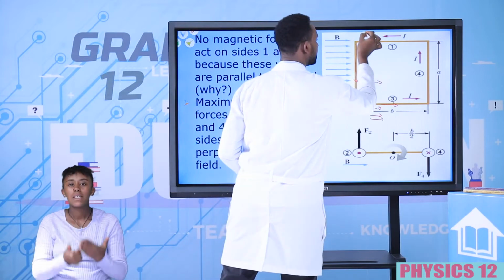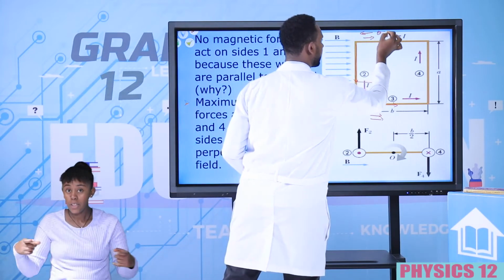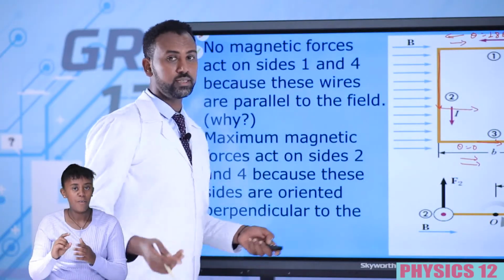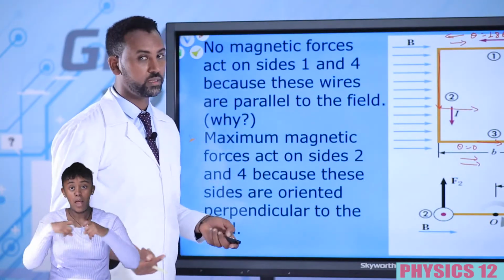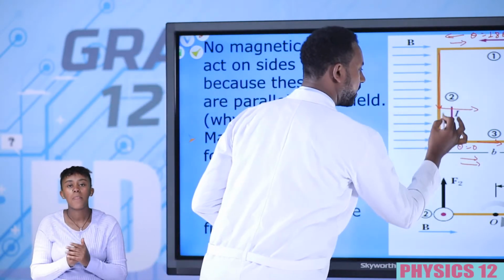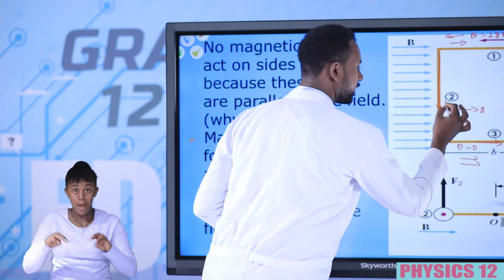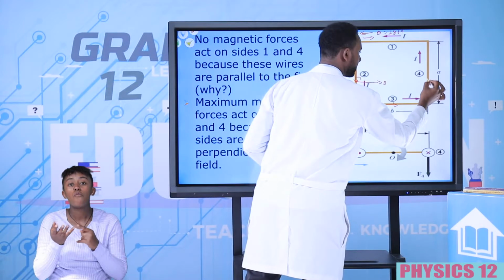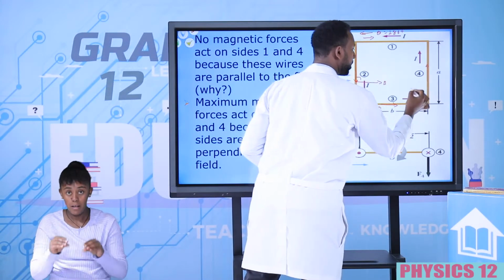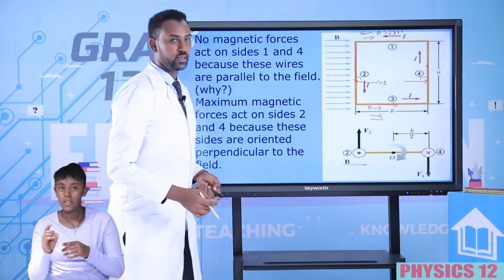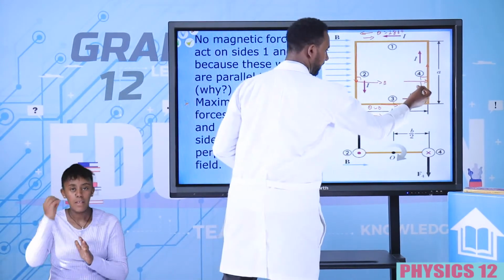In this case, since they are acting oppositely, theta is 180 degrees. Theta is the angle between the electric current and the magnetic field. We have already mentioned that. And in this case, the current is acting downward, whereas the magnetic field is acting in this direction, so it's 90 degrees. At last, on the fourth segment, the current is acting upward and the magnetic field is acting in this direction, so the angle theta is 90 degrees.